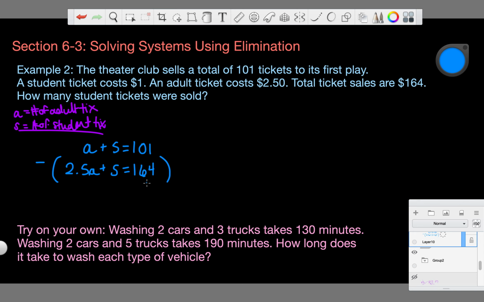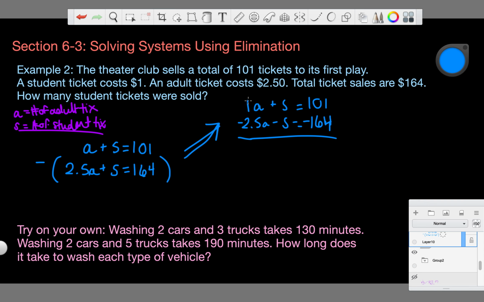Now remember, it's okay to do something to the equation if you do it everywhere. So if we rewrite this equation up here, we are left with A plus S equals 101. And then we have -2.5A minus S equals -164. That's okay to do. It didn't change the value of anything. It just manipulated it so we could get what we want.